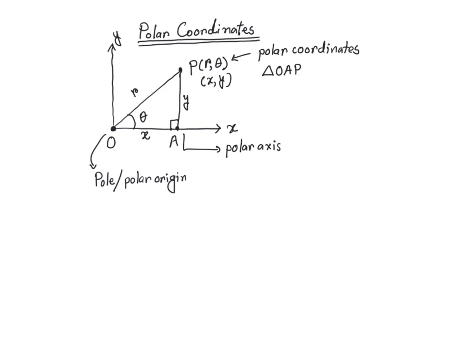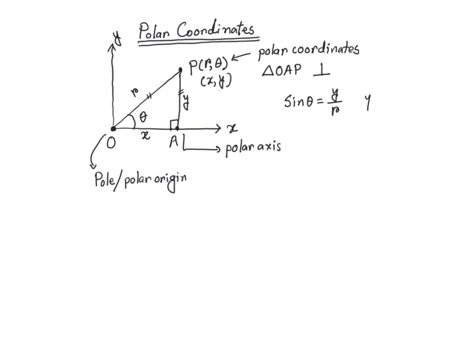Now, triangle OAP is a right triangle, so we could use the trig identities here. In triangle OAP, sine of theta is opposite over hypotenuse, and opposite is y, and the hypotenuse is r. So opposite is y, this height, and the hypotenuse is r.